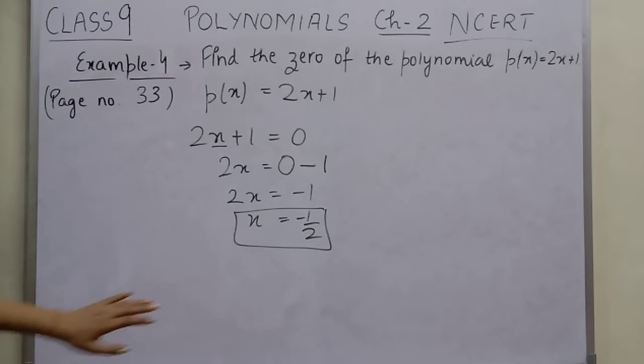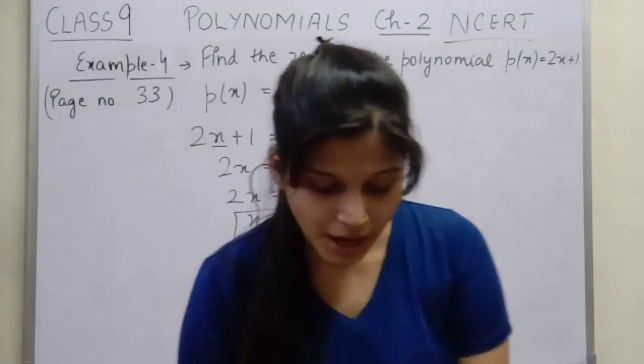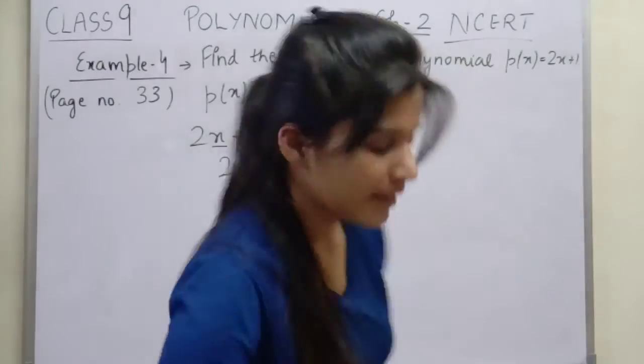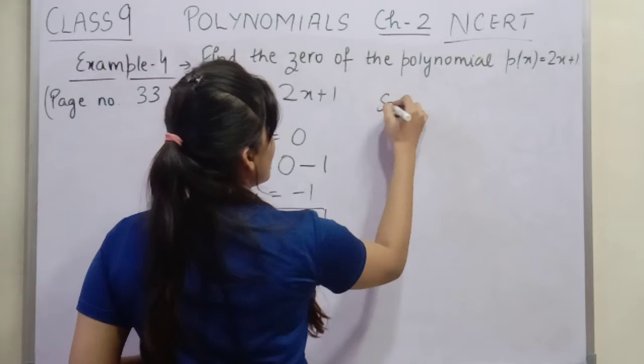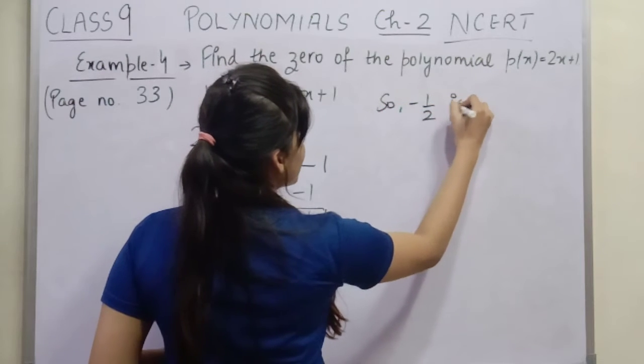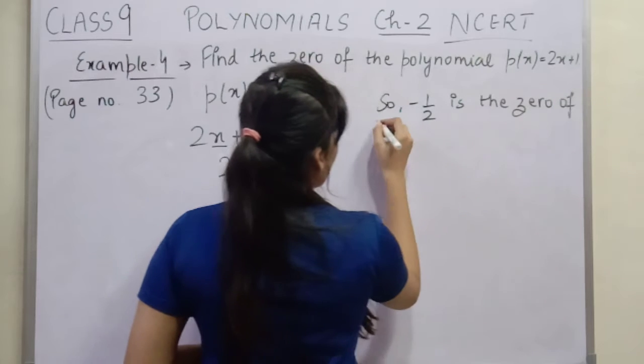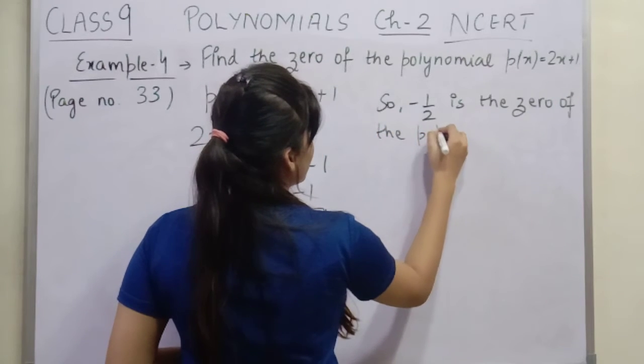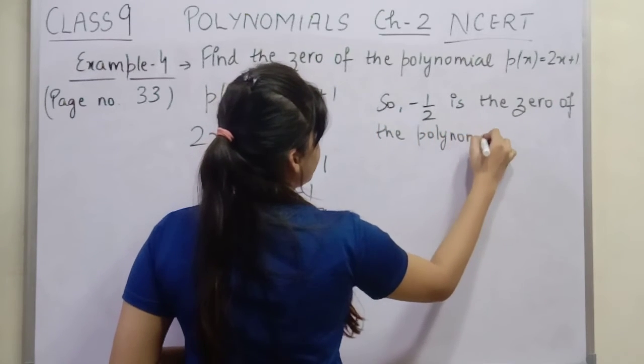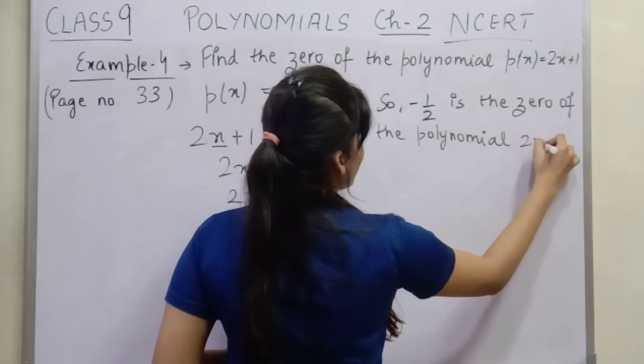Okay, so x is -1/2. So we can say that -1/2 is the zero of the polynomial 2x plus 1.